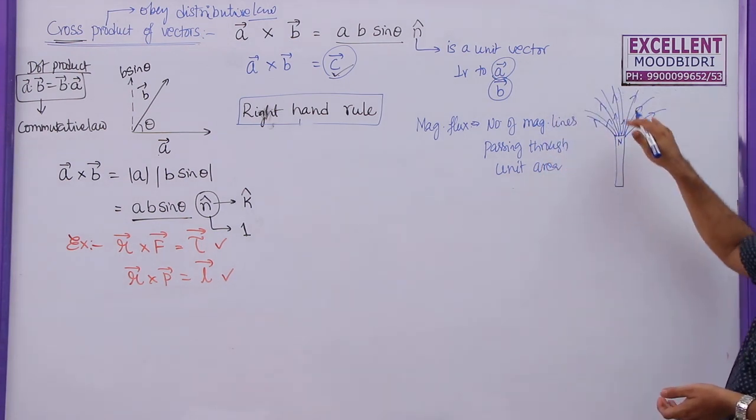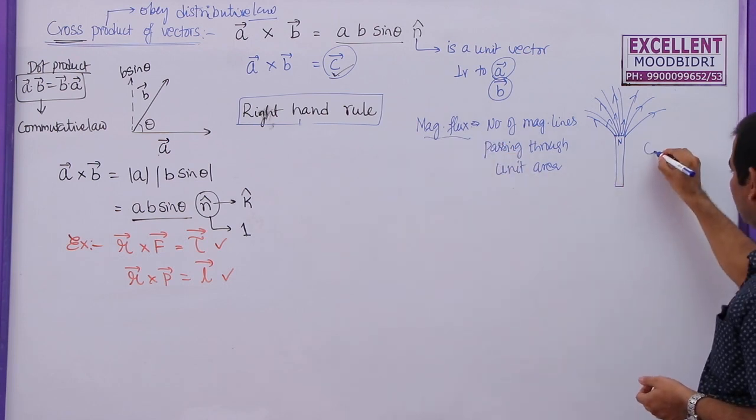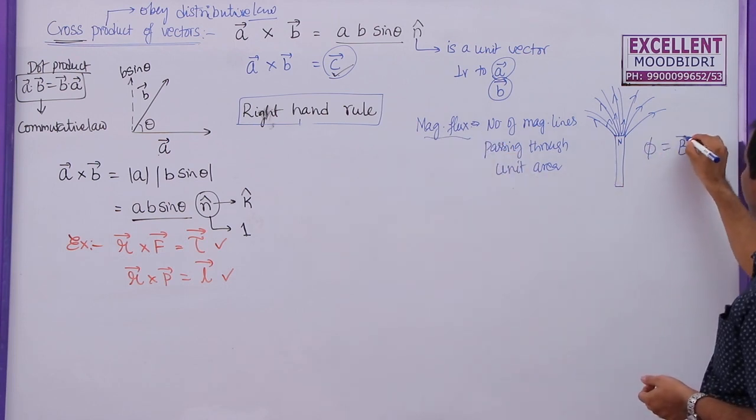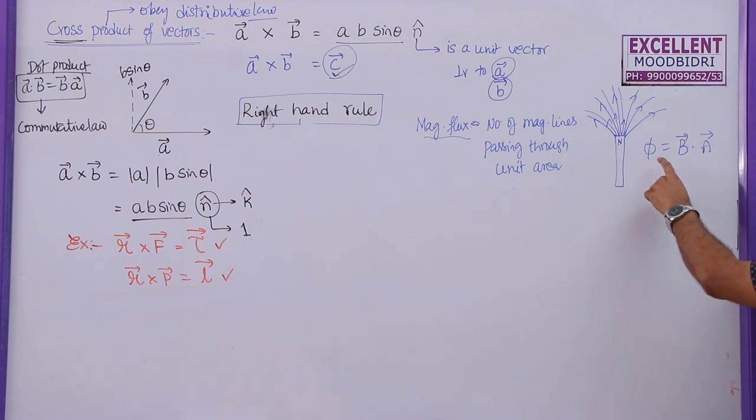This number of magnetic lines is known as magnetic flux, and we are going to learn this in second PUC, which is equal to B bar dot A bar. This is the magnetic flux, symbol phi. This is the magnetic field strength.